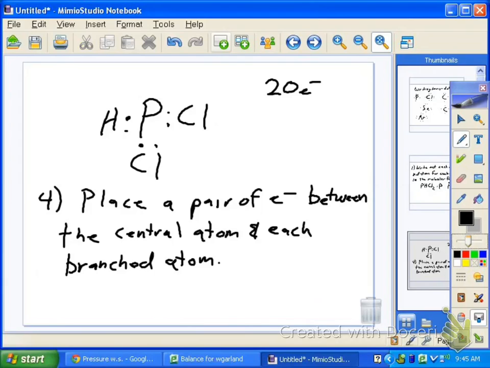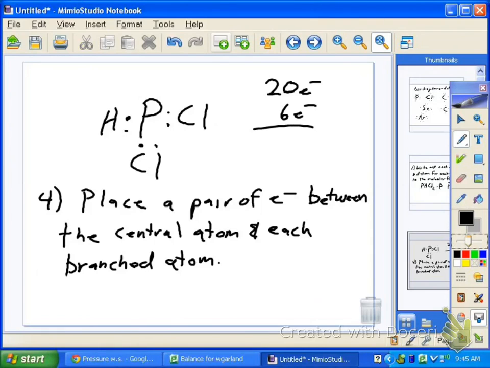These are shared because what does that pair go with? Does it go with phosphorus? Yeah. Does it go with chlorine? Yeah. So they're sharing. If you place them in between, that represents a sharing. They both share those electrons. Okay? So that takes away 6 total electrons.